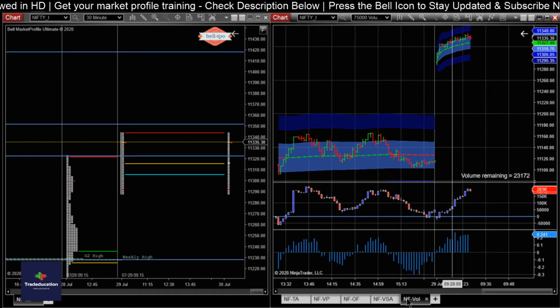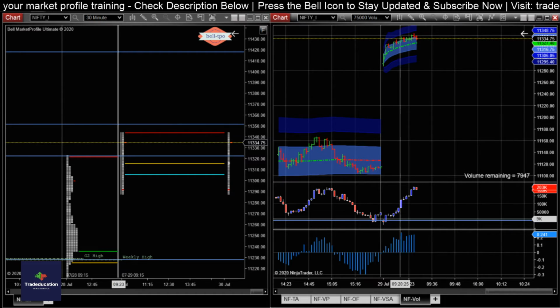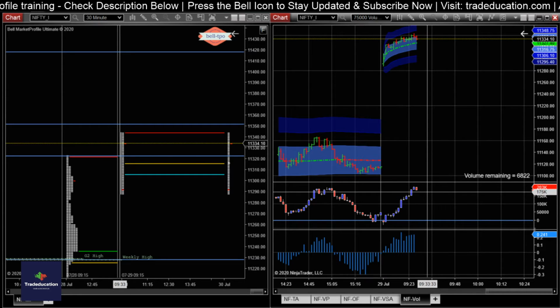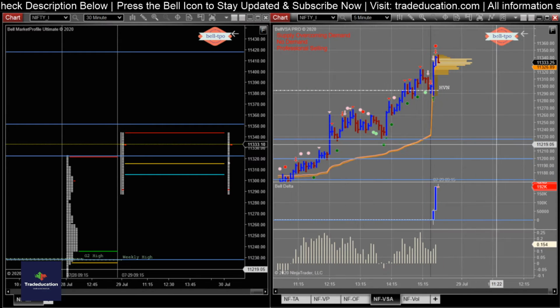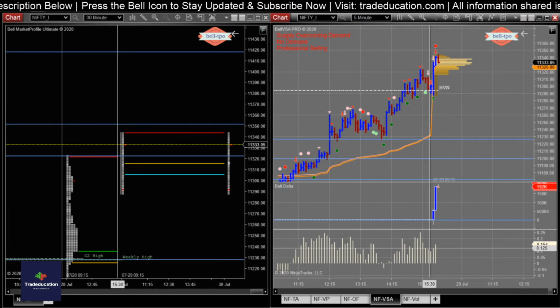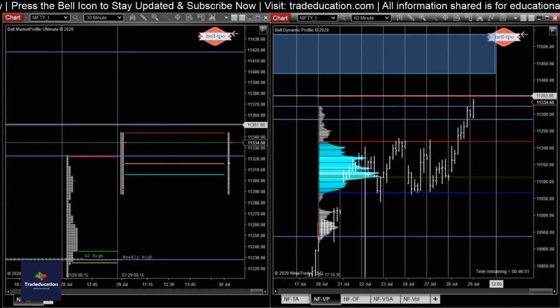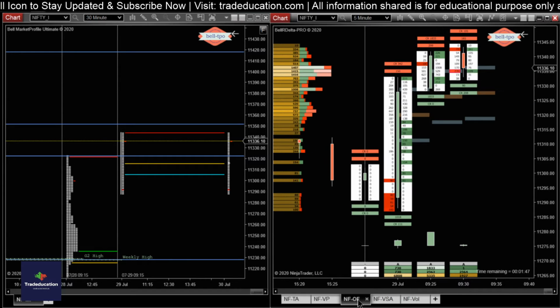Let me jump back to the volume chart, and it's still around the VWAP levels. See, the cumulative delta is rising, and now it is seeing some sort of exhaustion. From the VSA chart also the same thing is seen. Let it tag the value area high, that is at 11,352.